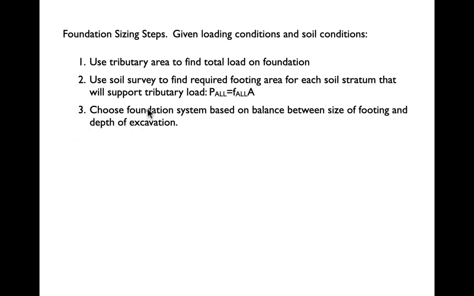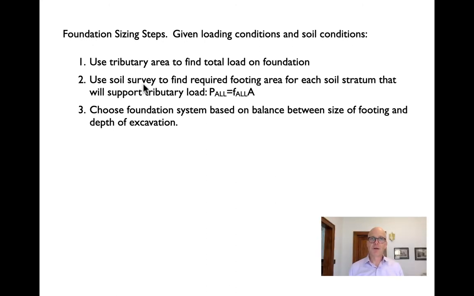And foundation sizing, very simple. We use the same tributary area that we use to find the lowest level column. That gives us the total load on the foundation. We take the soil survey that a geotechnical engineer has given us, and that will tell us the allowable load per square foot of soil at every stratum down 50, 60 feet.